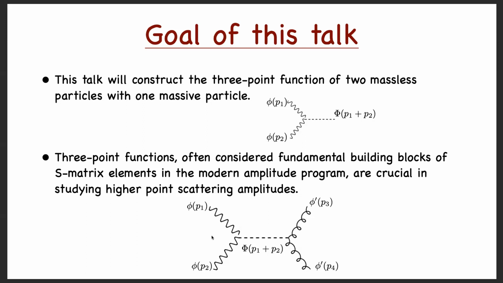So that's why 3-point functions are considered a basic building block. I'm maybe naive about these things, but when you draw this scattering matrix for this process, you impose energy and momentum conservation.